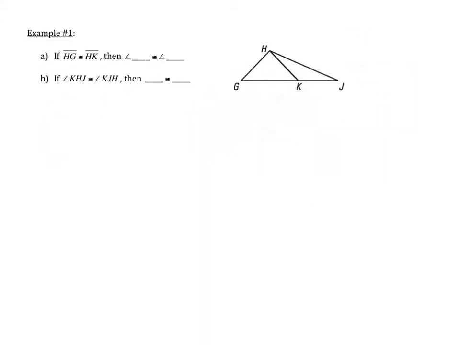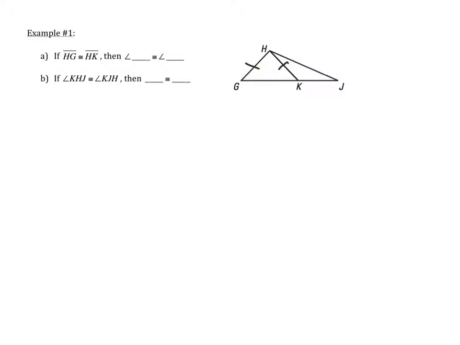So let's look at our first example, number 1. We are given the diagram and we're asked, if segment HG is congruent to HK, then angle what is congruent to angle what? So if we look at this, let's mark on it first. If HG is congruent to HK, that would make this triangle isosceles, meaning if these two sides are congruent, then the two base angles are congruent.